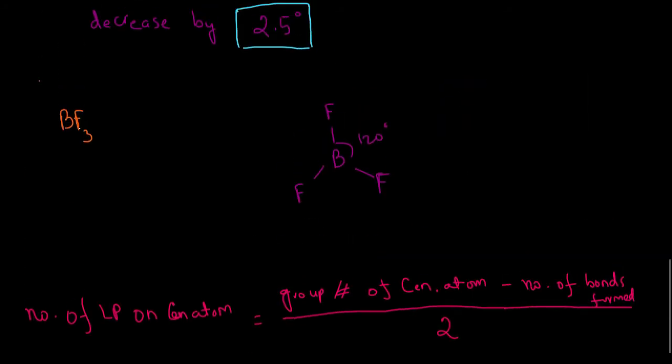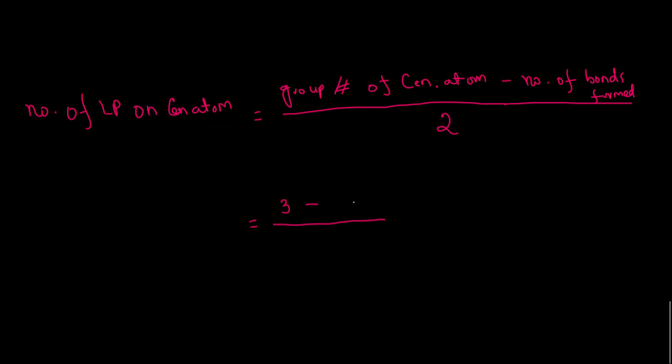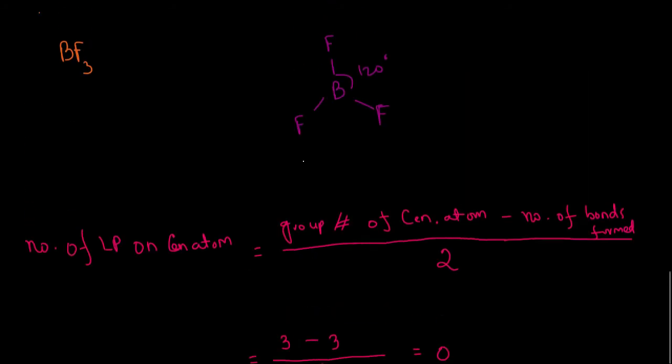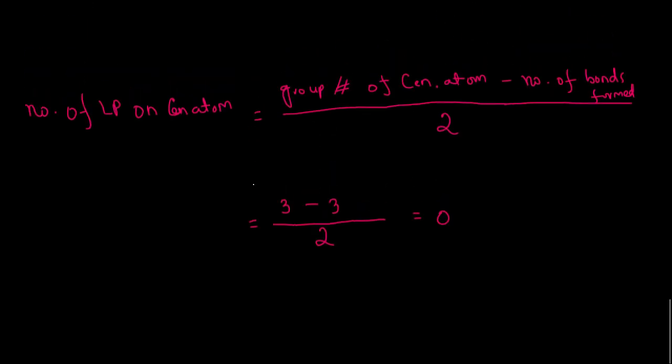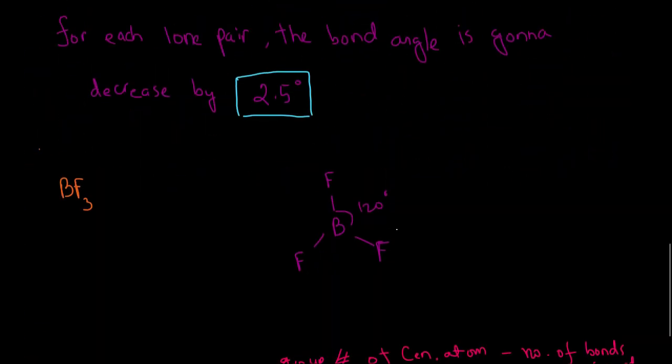Boron formed 3 bonds, so minus 3, divided by 2, so this is 0. So there are no lone pairs there. It's easy and straightforward. Now I know that boron has only 3 bond pairs, so this is correct. This is fine.